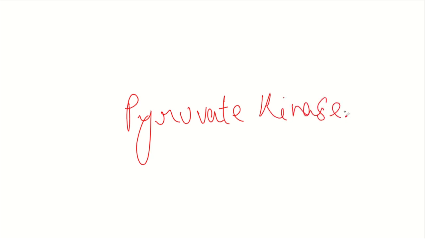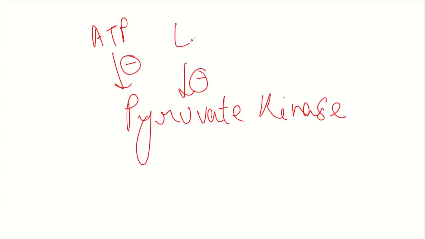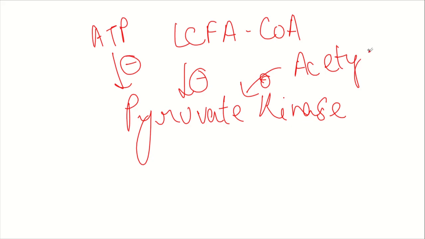Let's see pyruvate kinase and which are the enzymes which inhibit and promote pyruvate kinase. So it is inhibited by ATP, long chain fatty acid, coenzyme A, acetyl CoA, and glucagon.